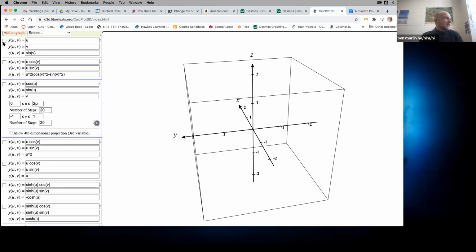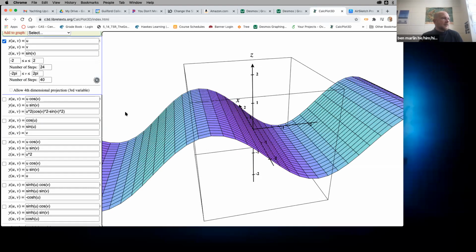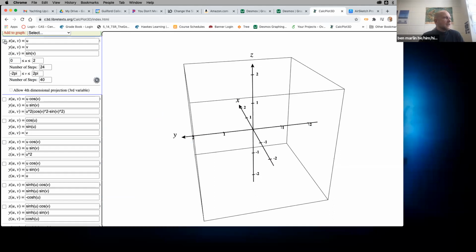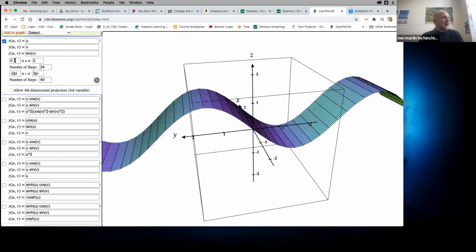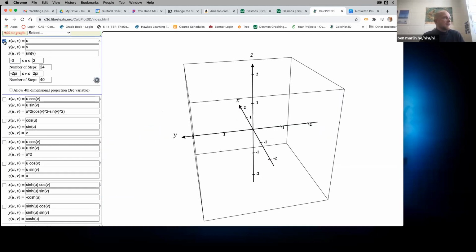So if I take that up here, you can see that I've got this kind of a wave that repeats on and on. And then you can play a little bit with your graph, making the u be different values to make a narrower section of wave there, or even make it wider if you want to, right?